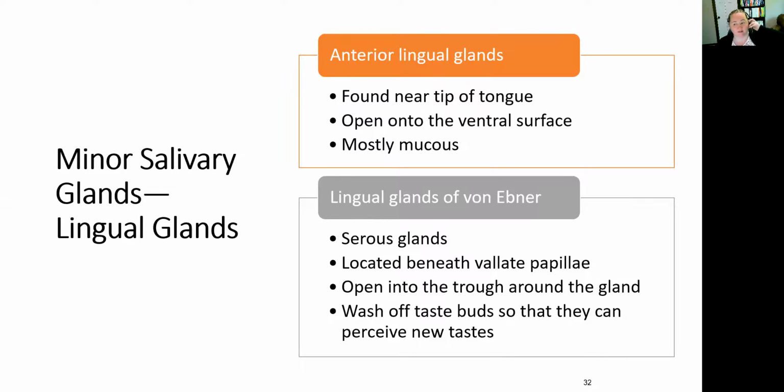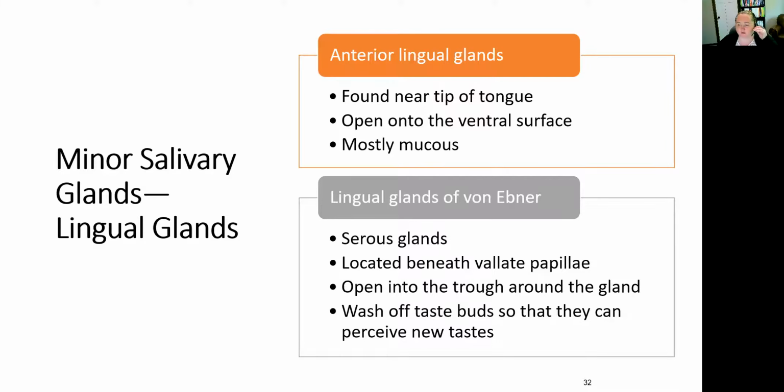Summer, can I have you read the next one? The oh so important glands of von Ebner. Lingual glands, von Ebner. Serous glands located beneath vallate papillae, open into the trough around the papillae, wash off taste buds so that they can perceive new taste.